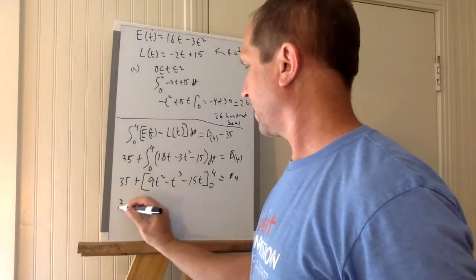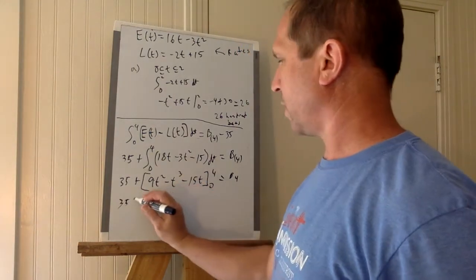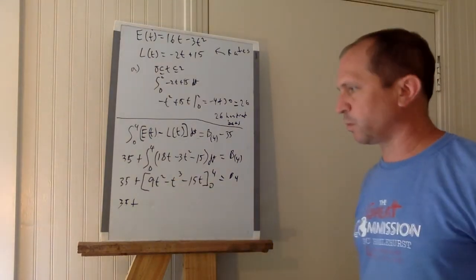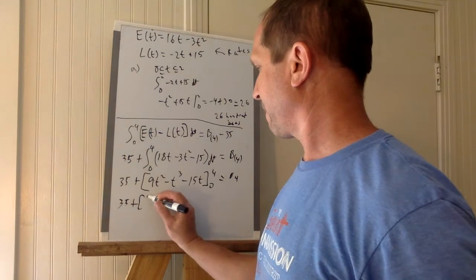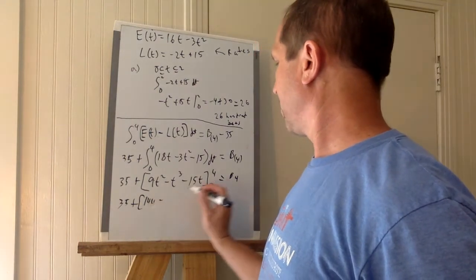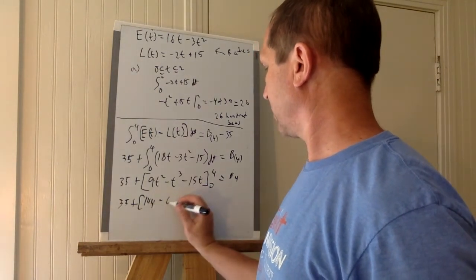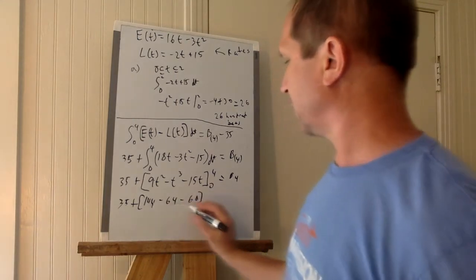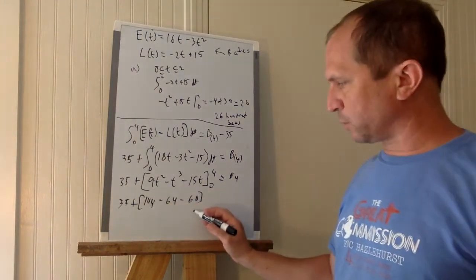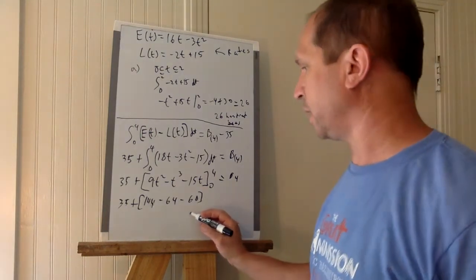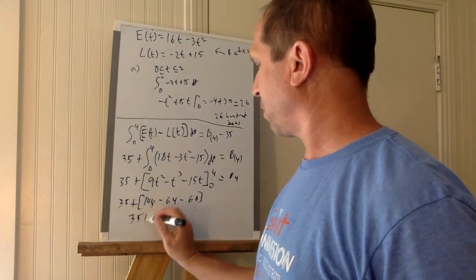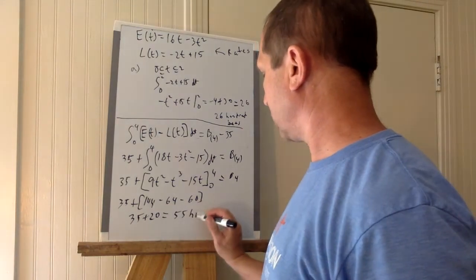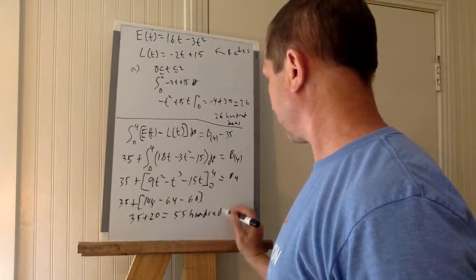Plugging in 0, that goes away, but you've got 9 times 4 squared, 16, so that's 144. Minus 64, and then minus 60. So that's 124. 144 minus 124 is 20, so it's 35 plus 20, which would be 5,500 bees.